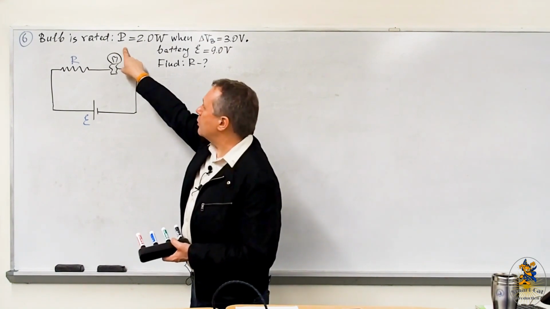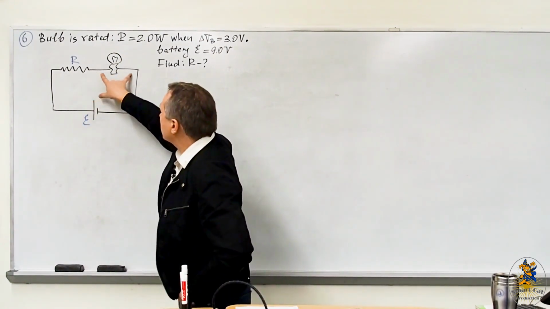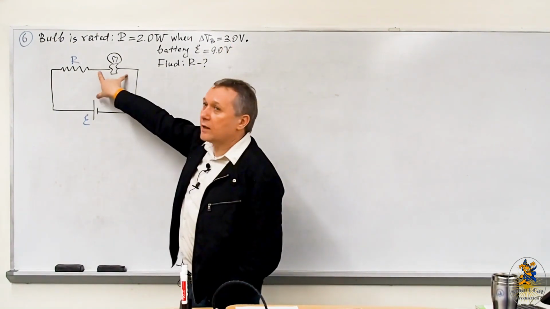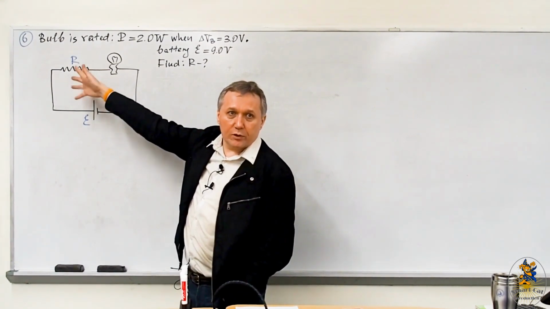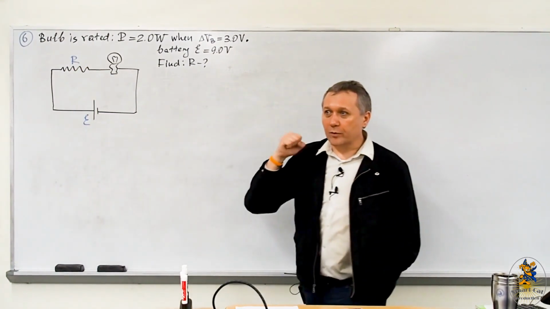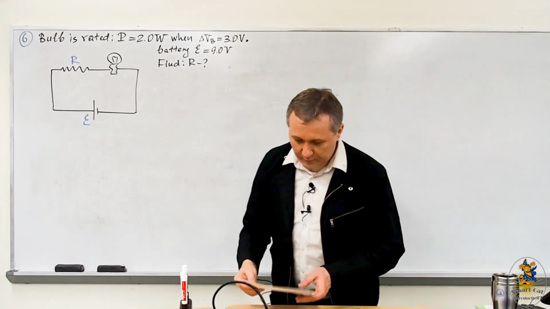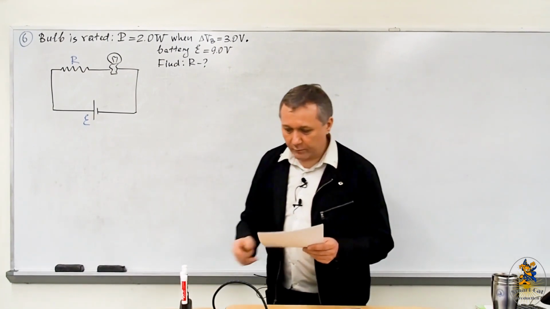So we want to find the value of this resistor so that the potential difference across this bulb will be 3 volts, and as a result, the wattage will be 2 watts. We just need to adjust our resistor so that the bulb operates at rated voltage and power.